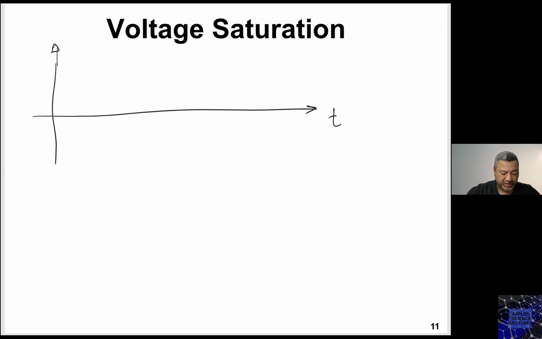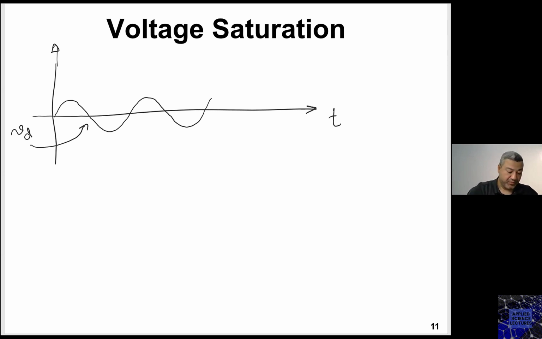It's a weak signal, and this one is the VD. And now the V output is going to magnify.